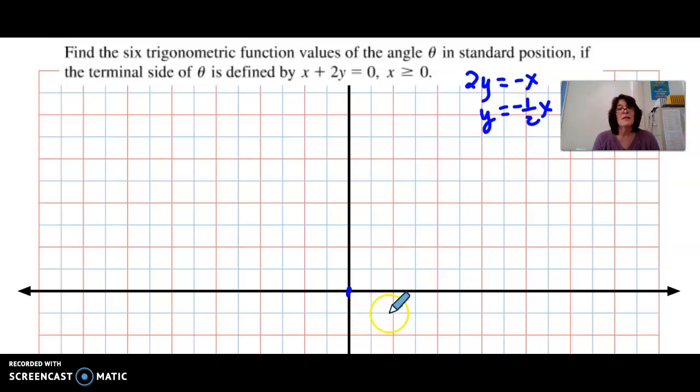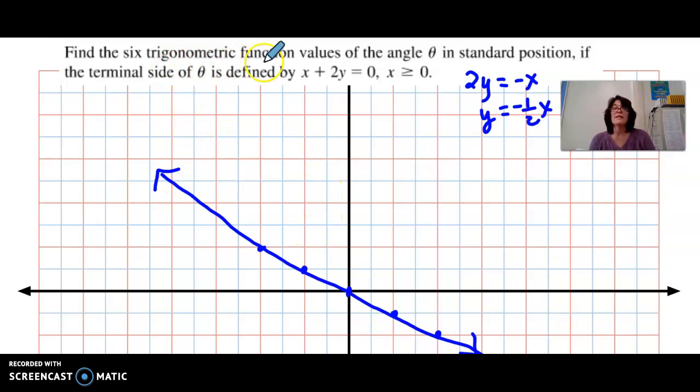My slope is negative a half. Okay, so I'm going to just draw the best line I can through here. Hopefully your line's better. Okay, so what we know is our terminal side is defined by this line.